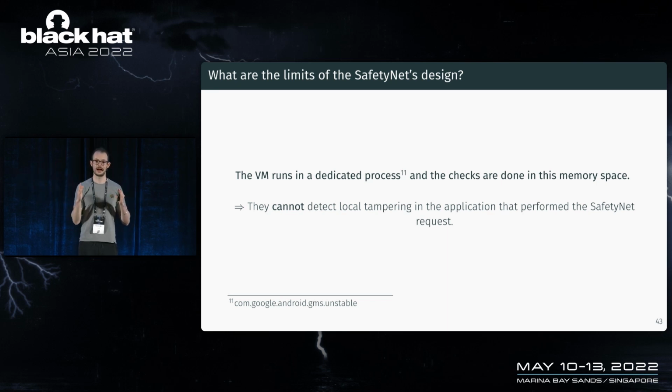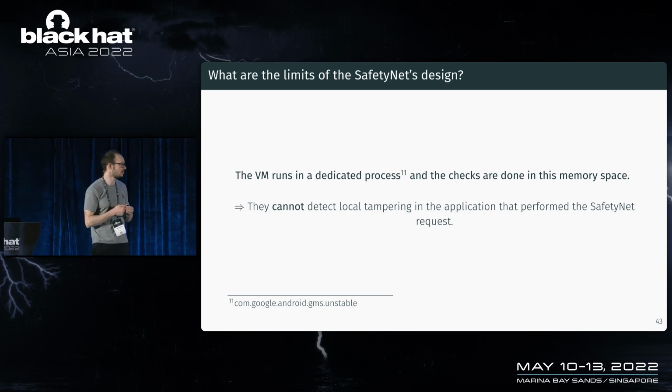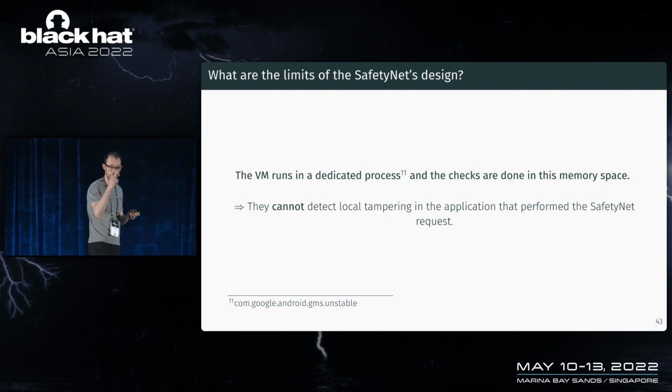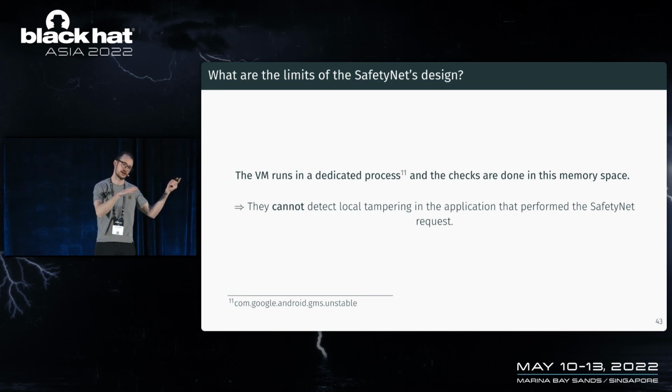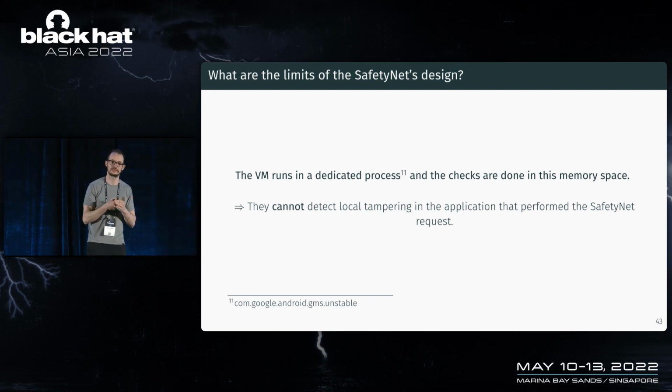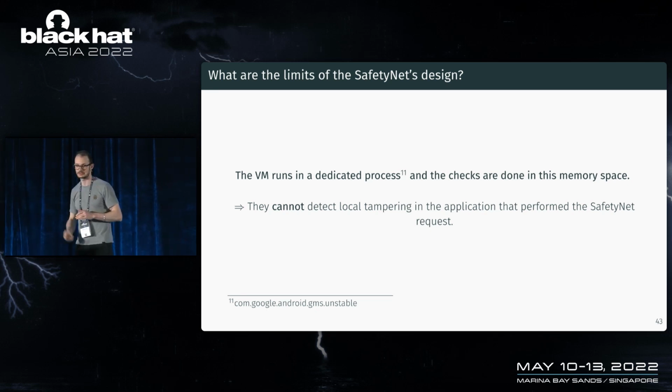So all the checks are done in a dedicated process that is different from the original process of the application. That's why when you are enabling Magisk Hide, you just have to target 2 processes to bypass SafetyNet. The first one is GMS core, and the second one is the one that ends with unstable, and that is actually DroidGuard. These are the 2 processes that need to be targeted, because DroidGuard does not check the integrity of the original process. They do all the checks within the dedicated process associated with DroidGuard.